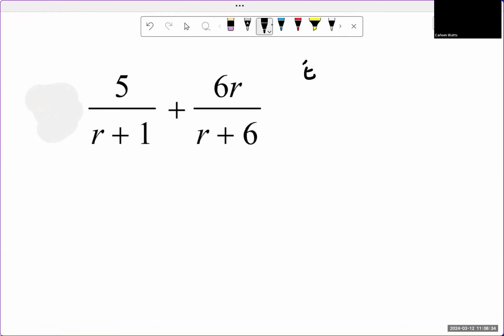We have an expression. When we're doing an expression, do we do the same to the left as we do to the right? No, we do the same to the top as we do to the bottom. So when you see a problem, categorize it: equation or expression. Okay, we need the least common denominator.